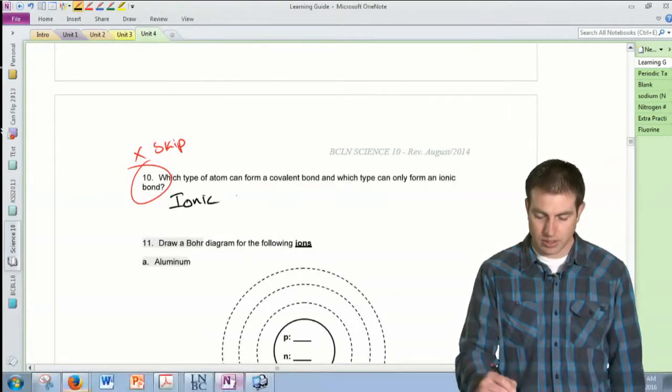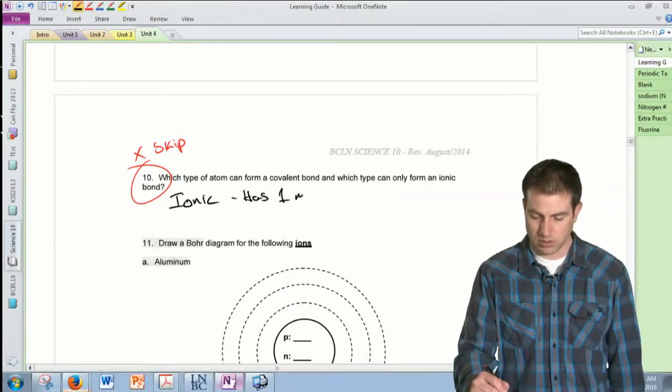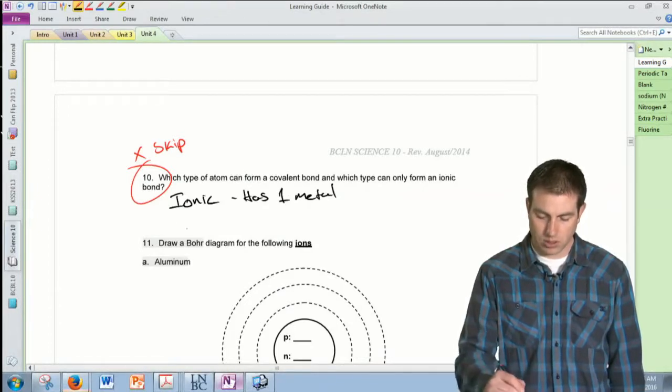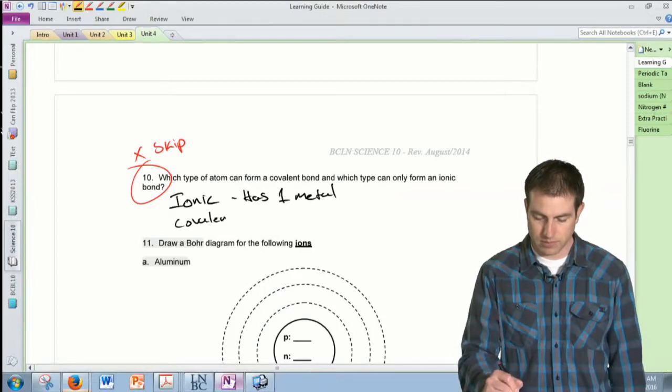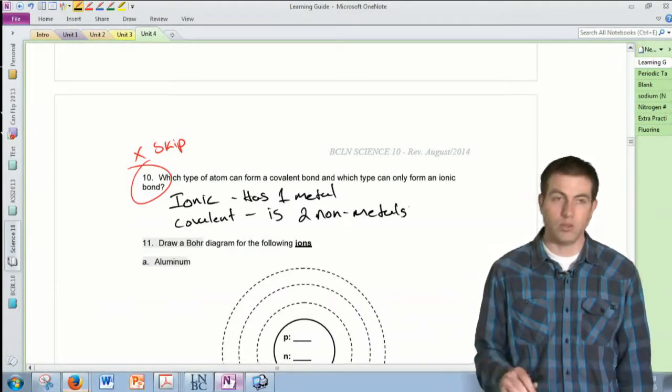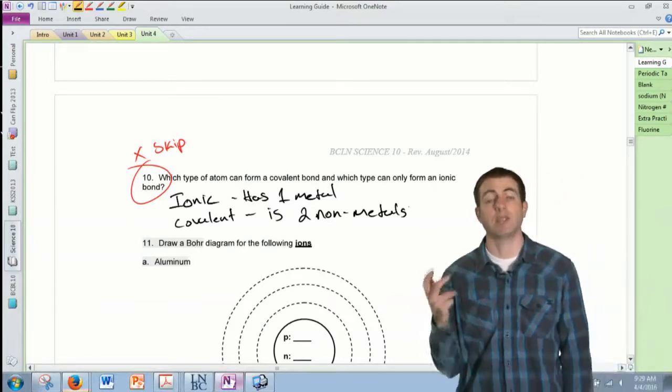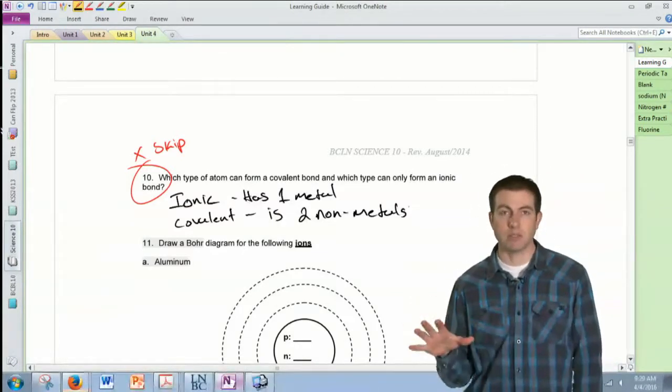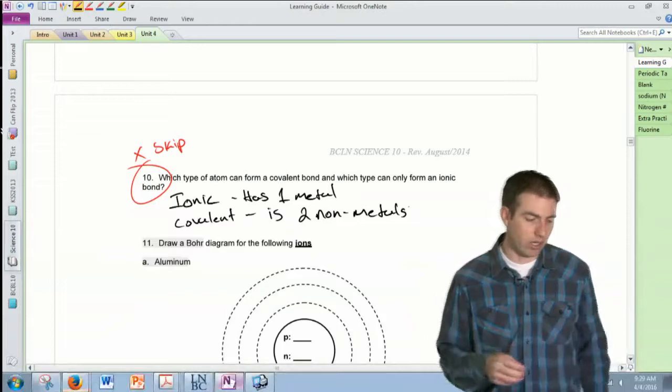Ionic has at least 1 metal. Covalent is 2 nonmetals. So if you have an ionic compound, there has to be a metal in it. If you don't have any metals, then you don't have an ionic compound.